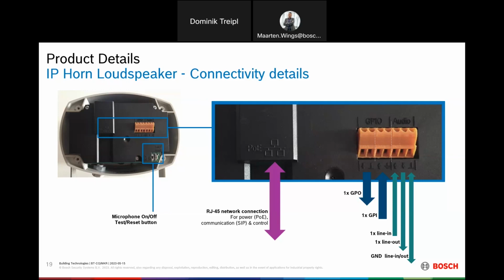And the second is the audio terminal with one line in and one line out. Below we have the on-off switch for the microphone, and there is a physical button for test and reset purposes. This button will perform different actions depending on how long you press it.